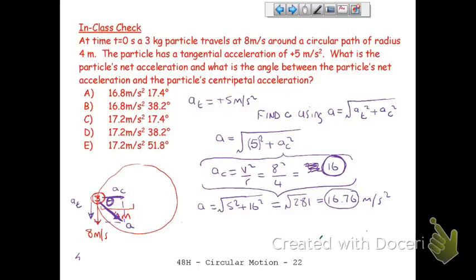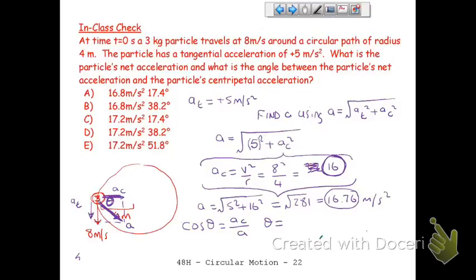So what is the net particle's acceleration, and what is the angle between the net acceleration and the centripetal acceleration? So here's the net, and here's the centripetal acceleration, and we say cosine, not tangent. Cosine is equal to AC over A, adjacent over hypotenuse.